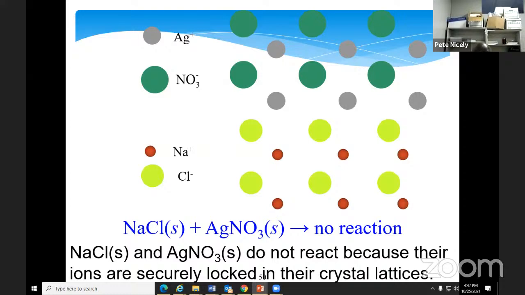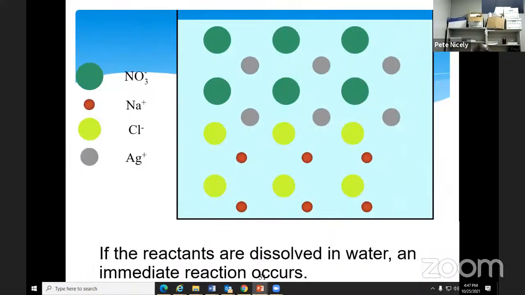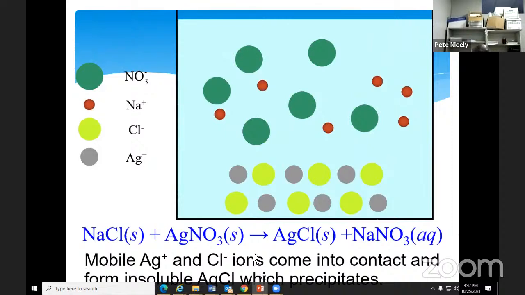All right. Now, if you dissolve these two solutes in water, then you'll see the immediate spontaneous reaction taking place where a white precipitate is formed, right? And this is the reaction that will take place. The reaction will be the formation of this here, silver chloride, which is a solid, right?